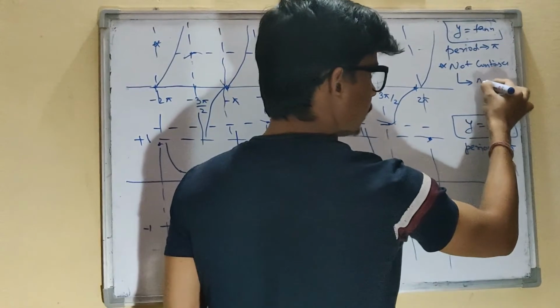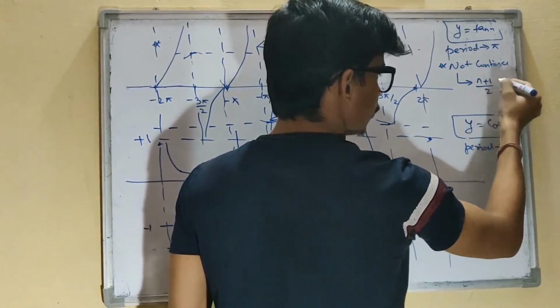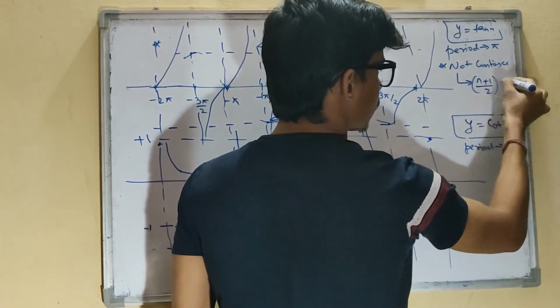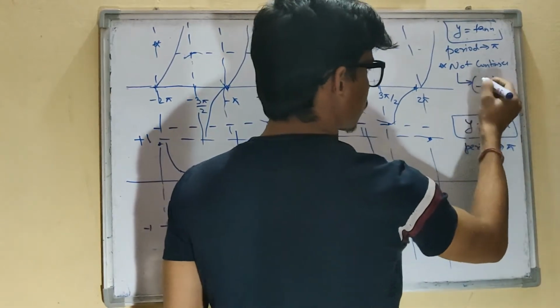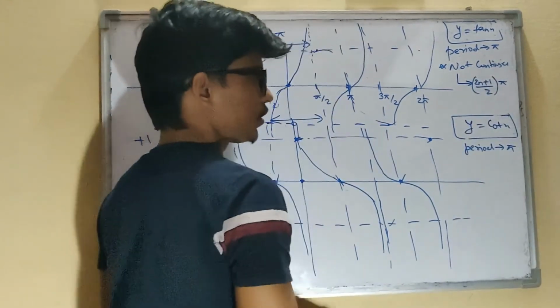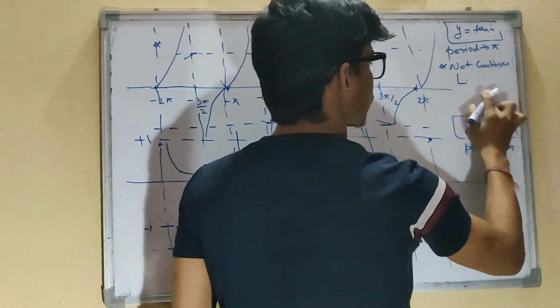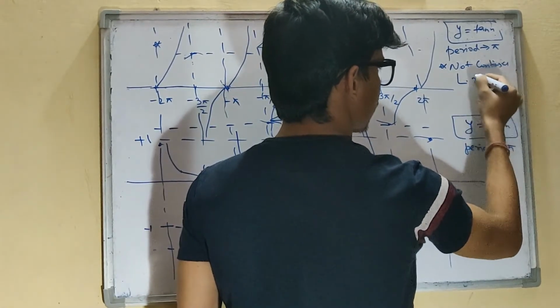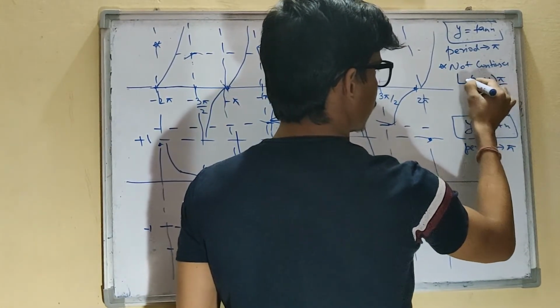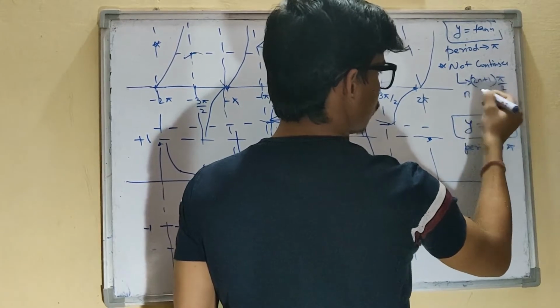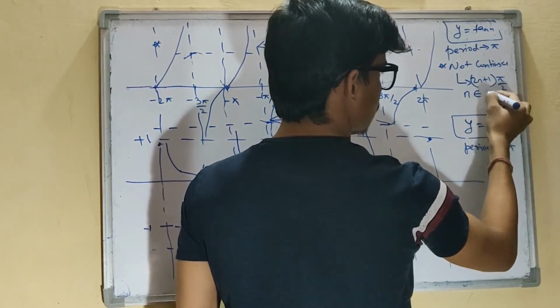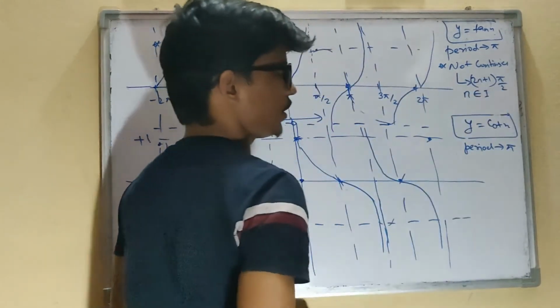So you can write it like this: (2n plus 1) pi by 2, for any value of n, where n belongs to the integers. I stands for integers.